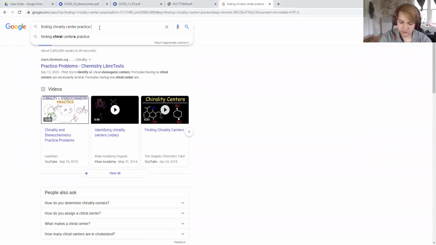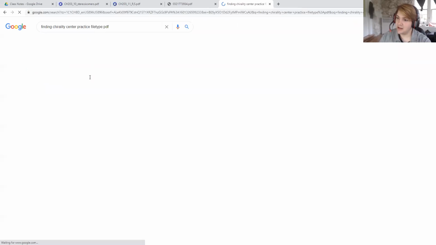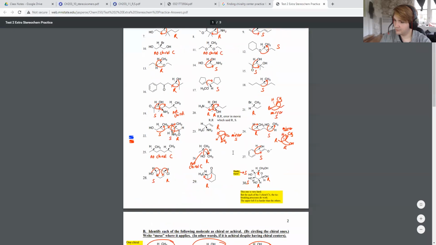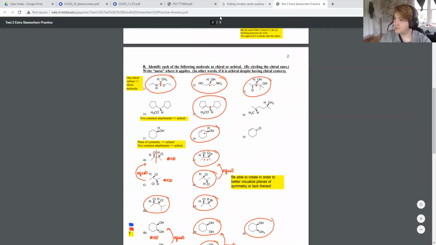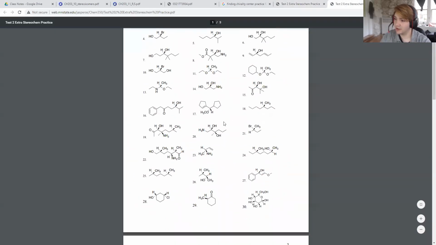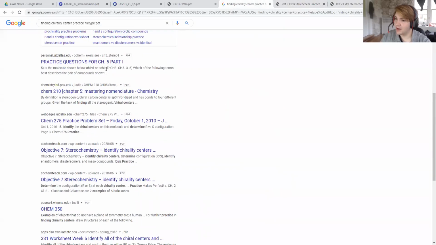So what you can do is type in filetype:PDF, and this will only bring up PDFs of practice problems. This is the thing where people are always like, do you have more practice of this? It's like, no, just go look it up, because you can find it everywhere. You just need to know how to look for it.